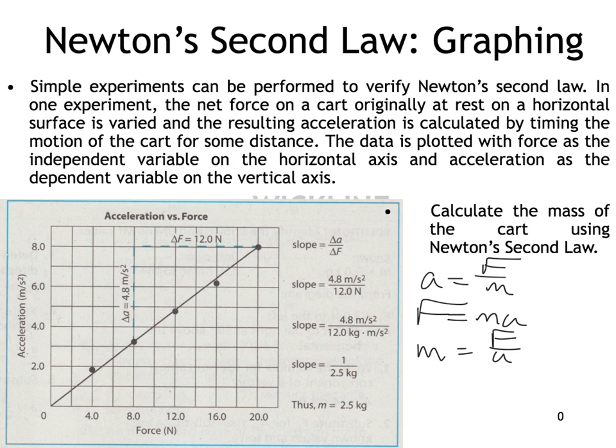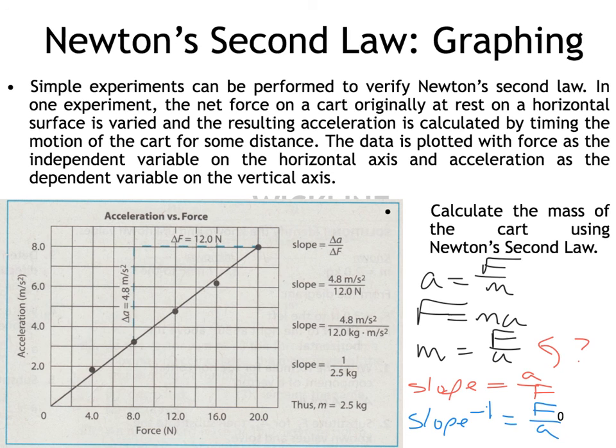So that means that in this case, the slope technically would be a over F, which of course is not the same thing that I just solved for. So what you can do is think of an inverse slope, or a slope to the -1. And that would be, in this case, F over a.